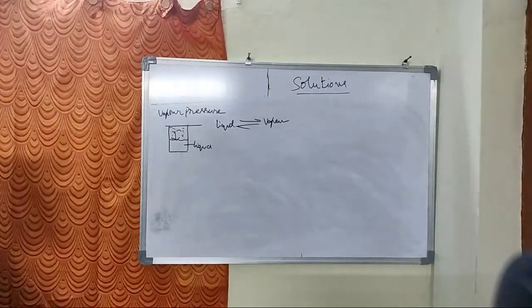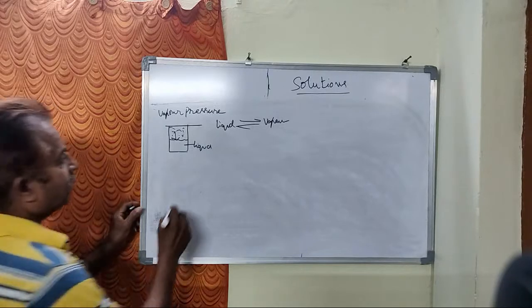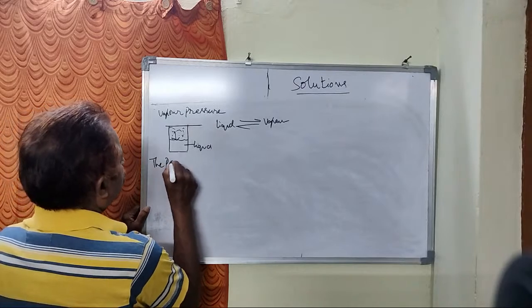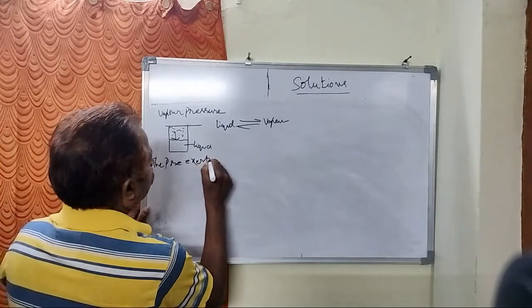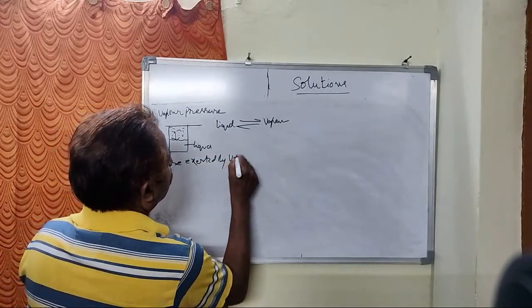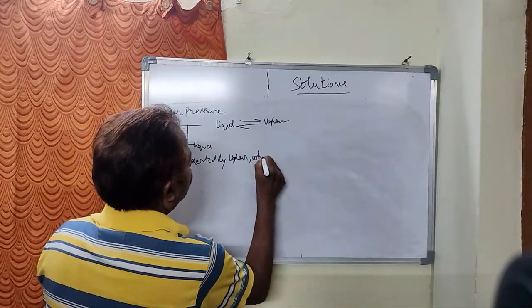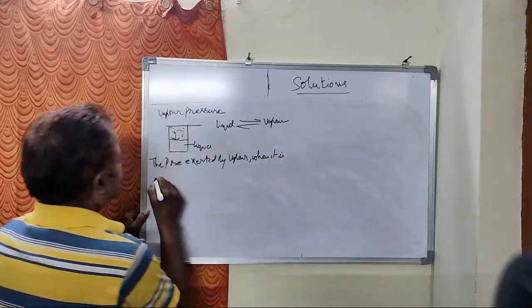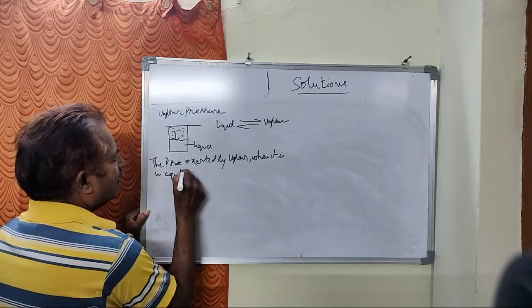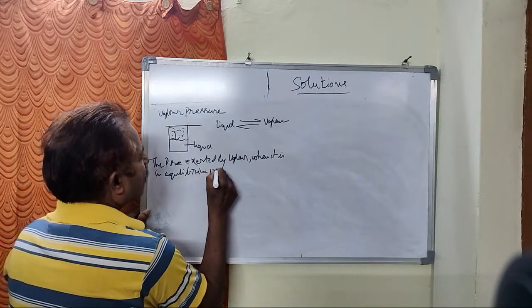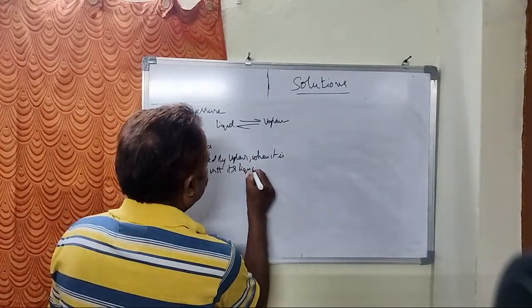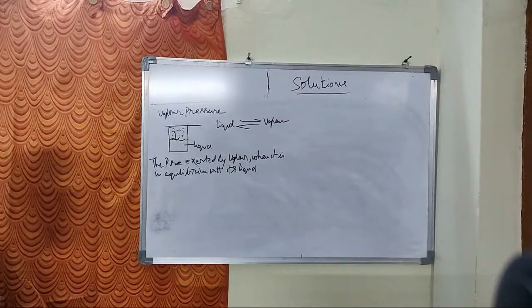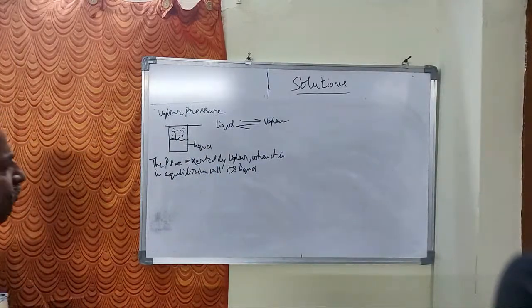So the pressure exerted by vapor when it is in equilibrium with its liquid is known as vapor pressure.